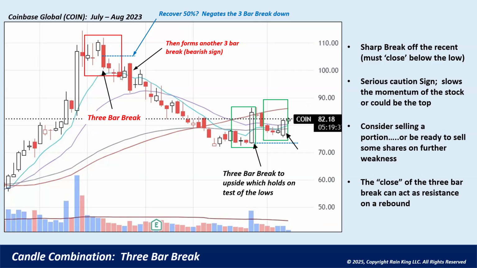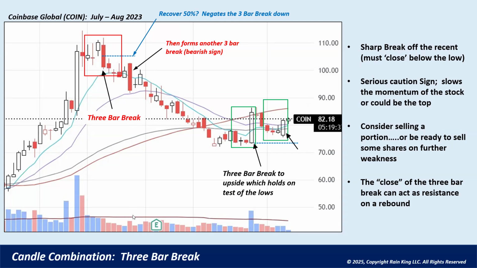So it's been weak. And then what really is noteworthy is before we even made a serious rally attempt, we got hit with another 3 bar break, taking out all of the lows of these candles. So now your antenna is really open to, hey, this stock is really under distribution.